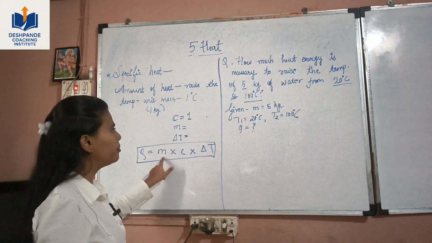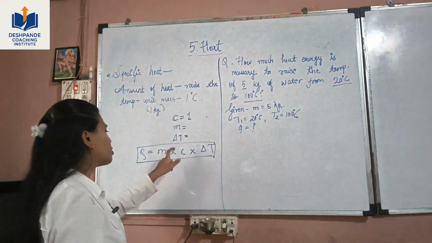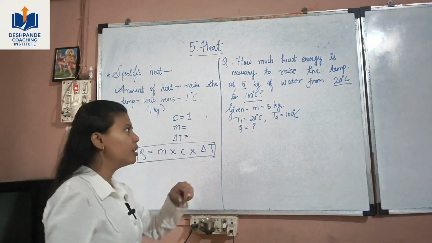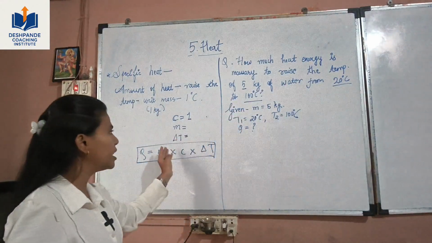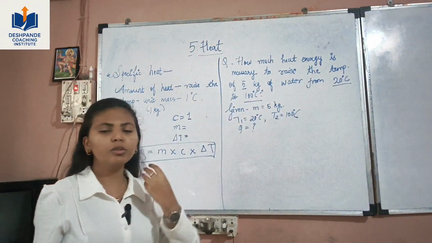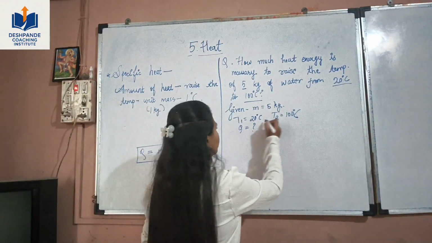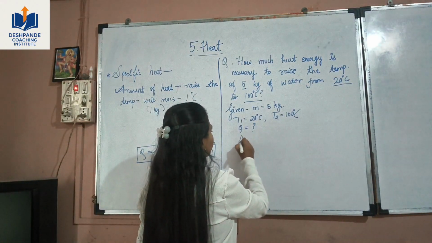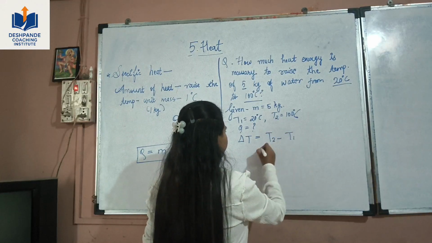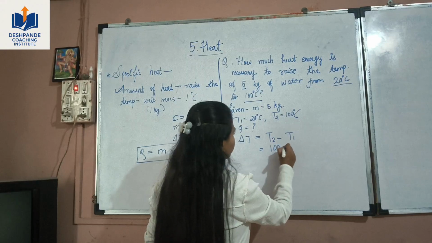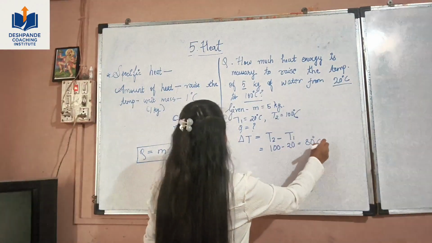So we have m, we have delta T, and C is constant. C for water is 1, but if there is some other substance, the specific heat will be mentioned in the question itself. You don't need to learn the values by heart. So let's calculate. First we calculate delta T. Delta T is T2 minus T1, which is 100 minus 20, which is 80 degrees Celsius.